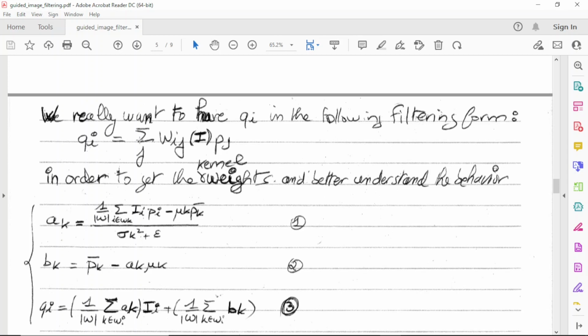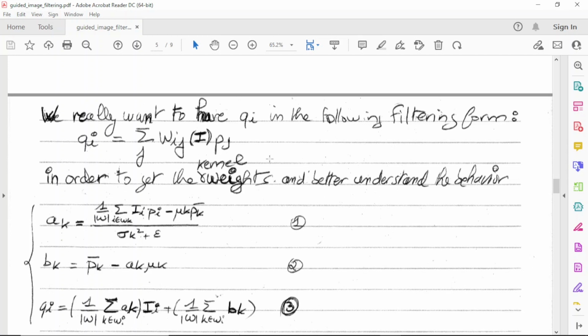QI equals the sum over J of the weight IJ times PJ. This is just so that you can compare the weights between this guided filter and the bilateral filter.